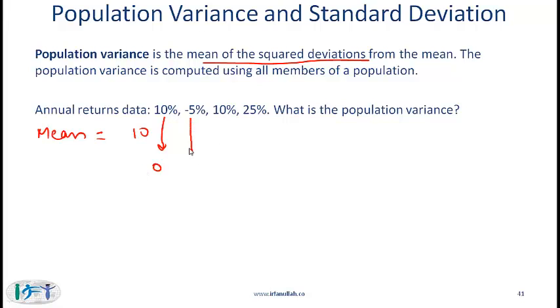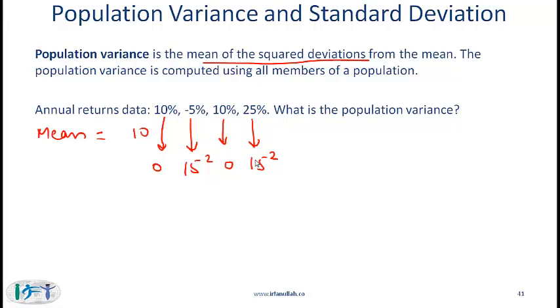For the second data point, the squared deviation from the mean is 15 squared, because the deviation of -5 from 10 is 15, and we square that, which gives us 15 squared. Then the deviation here again is 0, and with 25 we have 15 squared.